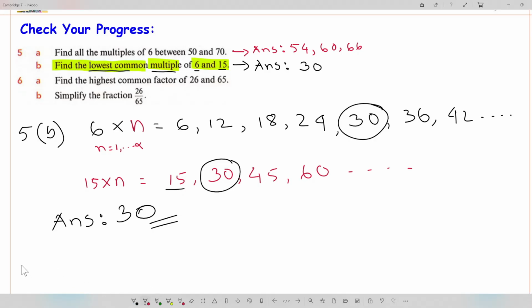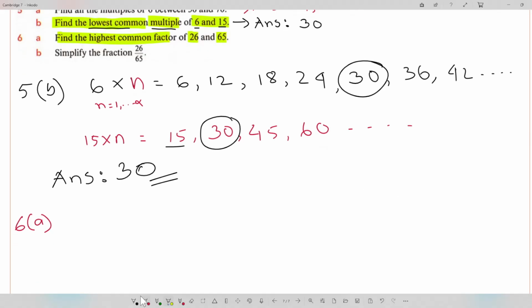What about 6a? Here it mentions find the highest common factor of 26 and 65. Highest common factor. So first we have to find out the factorization of 26. 26, we can write 1 times 26 is 26, 2 times 13 also 26, 3 is not possible, 4 not possible, up to 13 nothing is possible to divide 26.